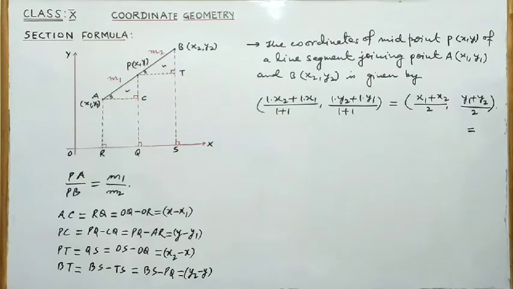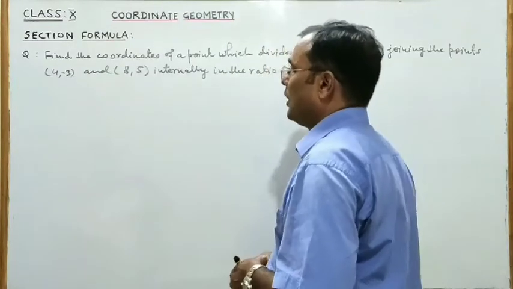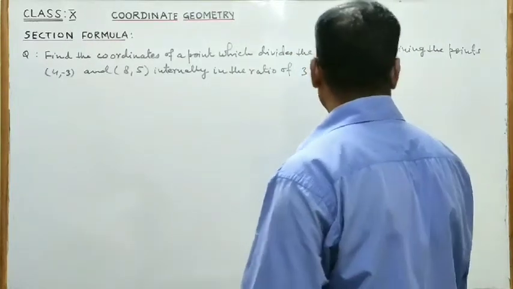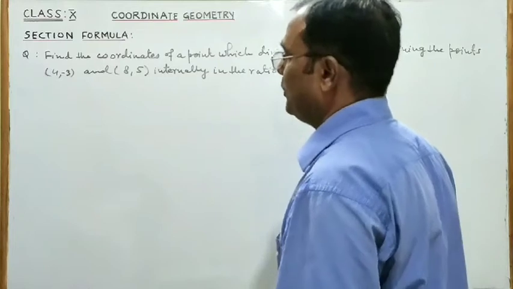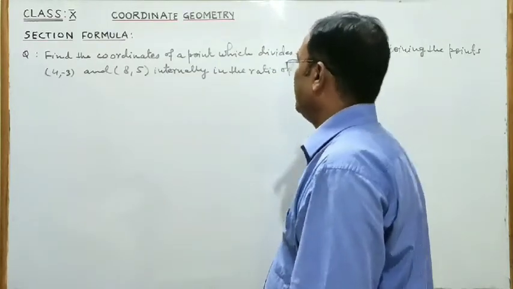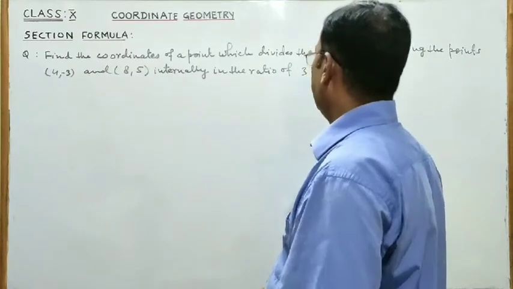Now one question. Find the coordinates of a point which divides the line segment joining the points (4, -3) and (8, 5) internally in the ratio of 3:1.